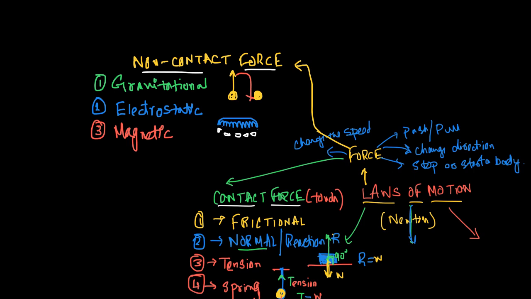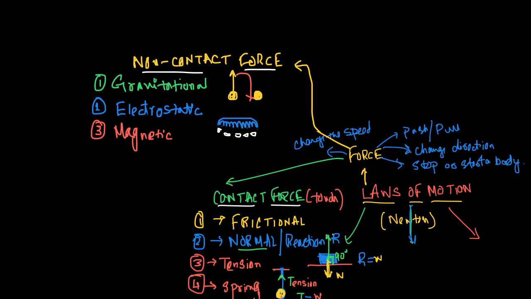Magnetic force is something that we have always played with during our childhood days. We have played with a magnet. The magnet is some kind of black color material, always dark in color, that sticks. We have taken magnets and stuck them on the refrigerator or almirah, something like that.